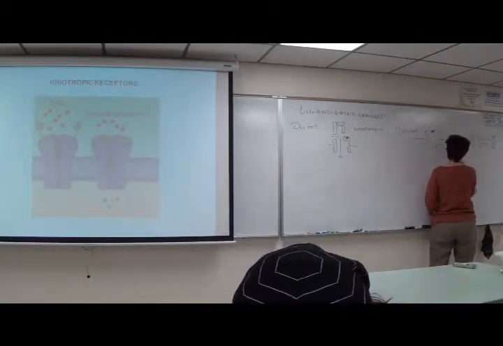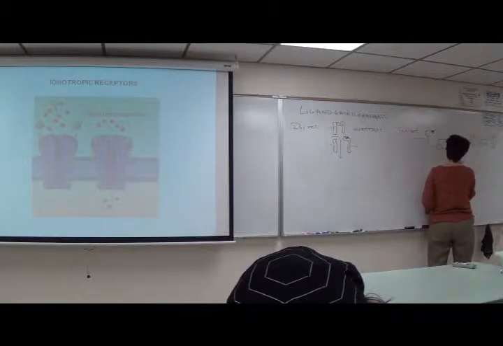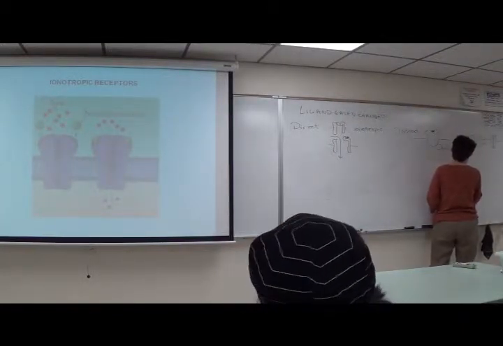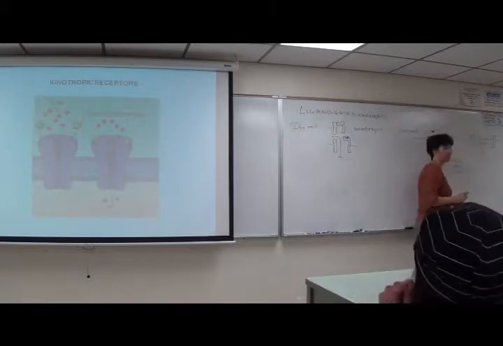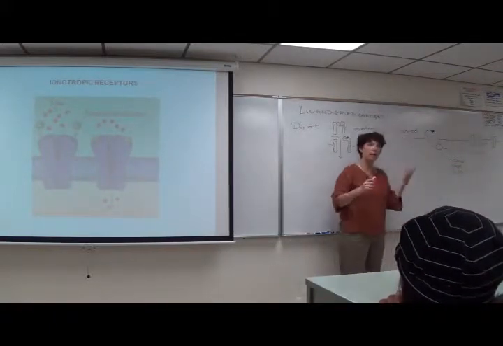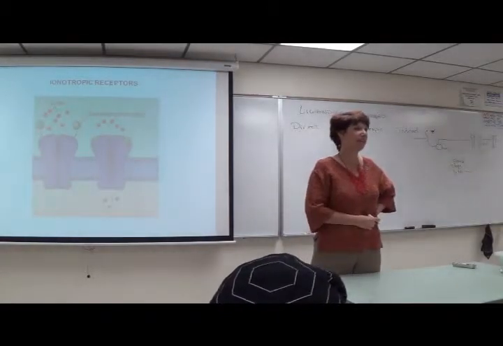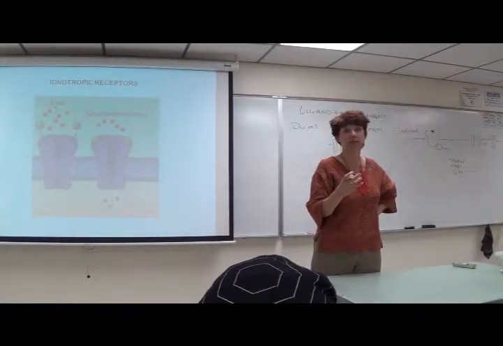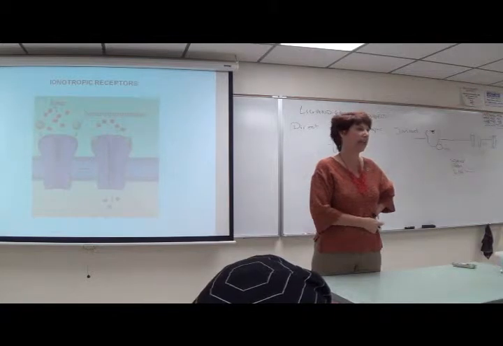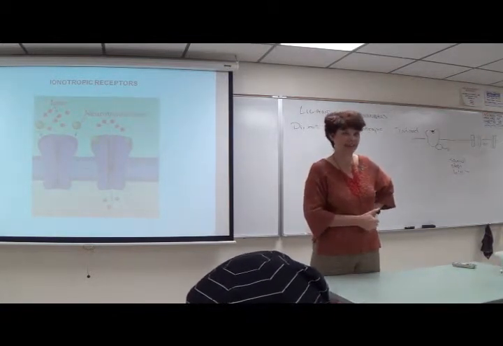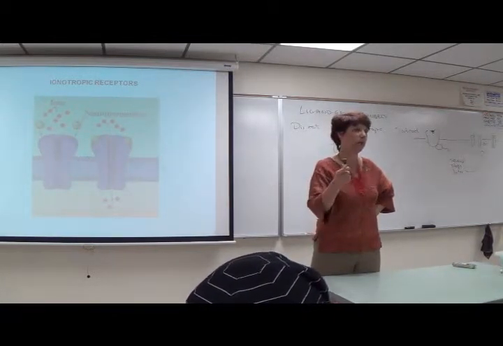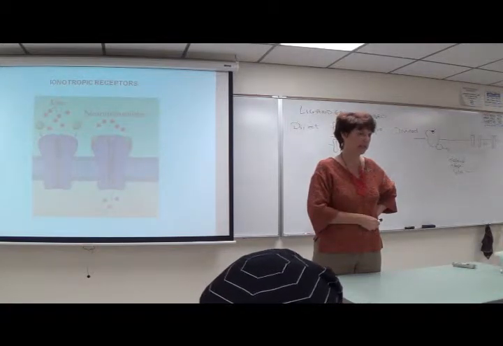So several steps later, we see this event. Now, as a hormone, those several steps later may not result in a channel opening or closing. It may just result in enzymes being activated that do other things inside the cell, right? So for the hormones, it may be some different result.